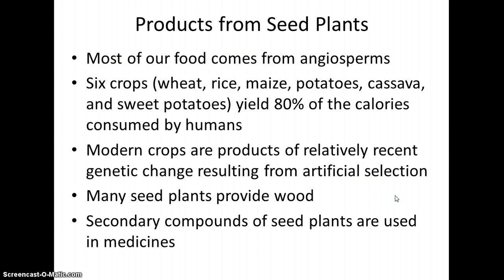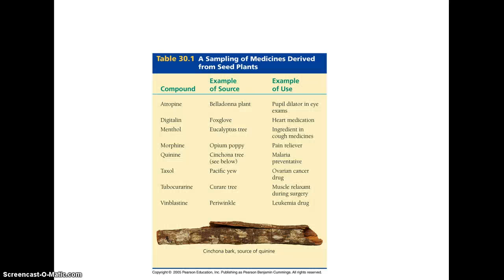Again, those secondary compounds, by secondary compound, we mean it's a compound that's typically not of vital importance for the survival of the plant, but they're compounds that are produced sometimes as natural insecticides for the plant. And some of these compounds we have figured out have medicinal purposes for us. And of course, people have known about this for thousands of years in ancient societies, but we're now relearning some of this information.